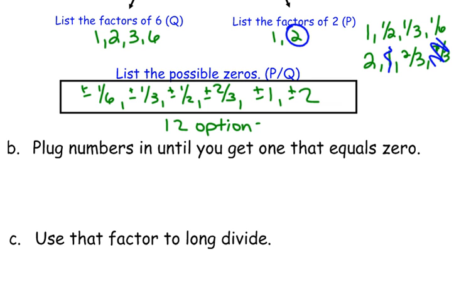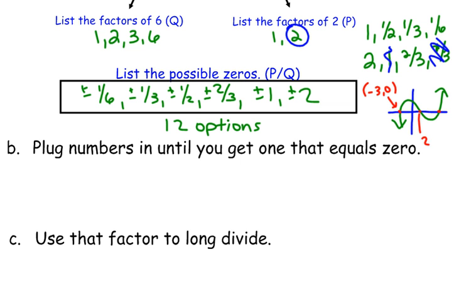What we need to do now is pick some options and plug them in to see which one gets us equal to 0. The reason we're doing that, just so you can remember what that factor theorem is, if you think of a graph, where the graph crosses the x-axis is our zeros, right? So for this one I'm just sketching quick. My zeros are here. Well, if I was to label these points, I'd call this point -3, 0.